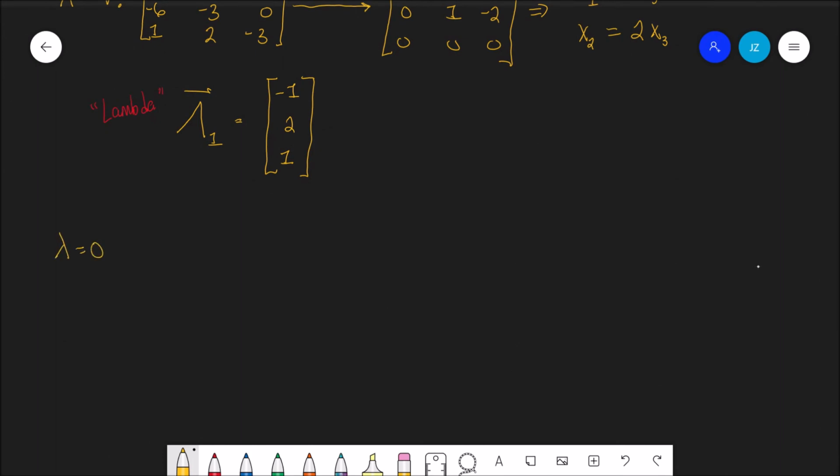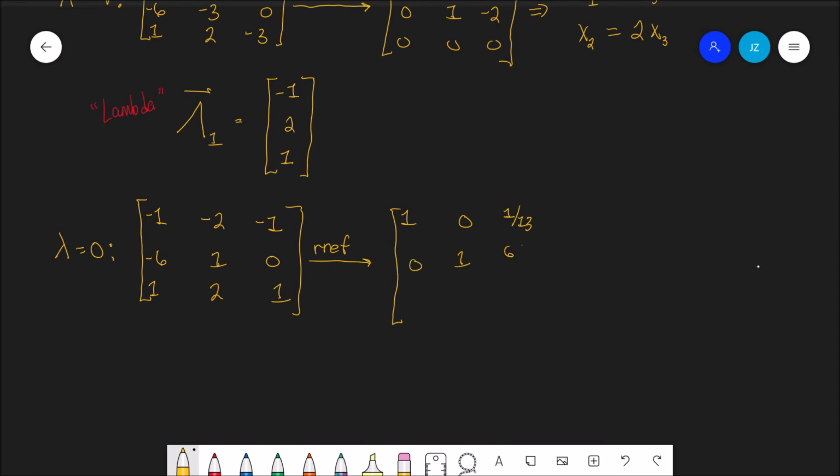So for lambda equal to 0, we'll get the 3 by 3, minus 1, minus 2, minus 1, minus 6, 1, 0, 1, 2, 1, which reduces to 1, 0, 1 over 13, 0, 1, 6 over 13, 0, 0, 0.